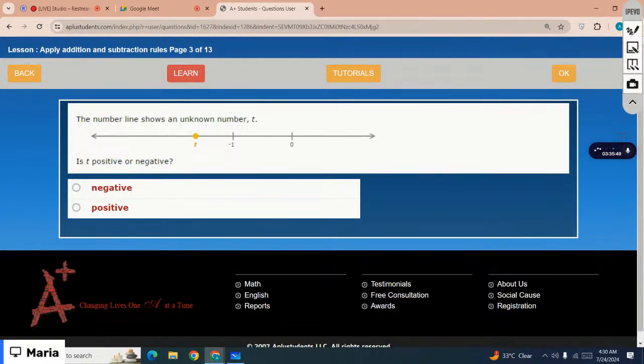The number line shows an unknown number t. Is t positive or negative? Which is the correct option?